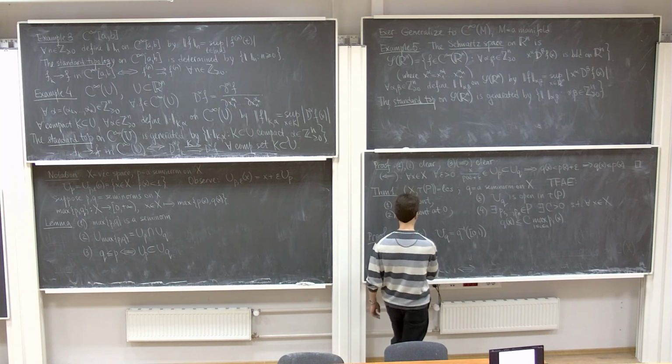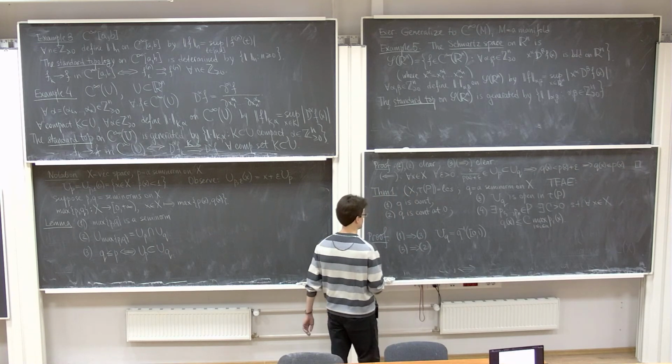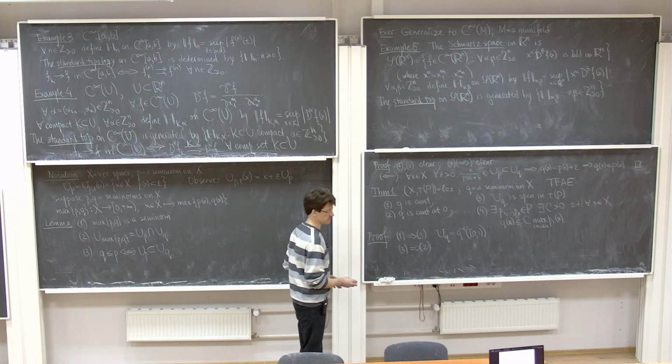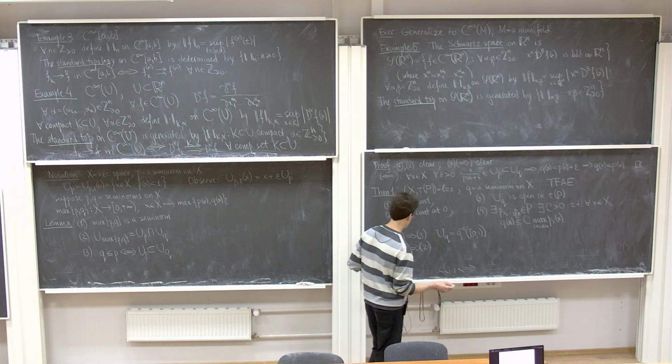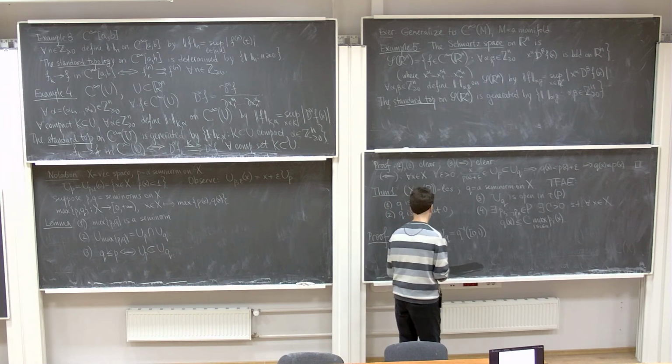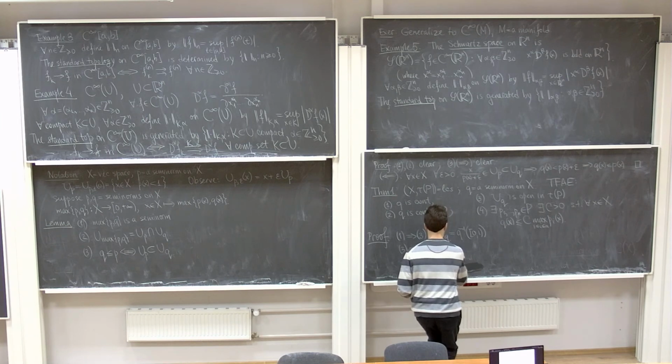Okay, let's now show that 3 implies 2. So we suppose that this ball is open, and we want to show that Q is continuous at 0. This is also very easy. To show that Q is continuous at 0, it's enough to show that the preimage of each such half interval from 0 to epsilon is open.